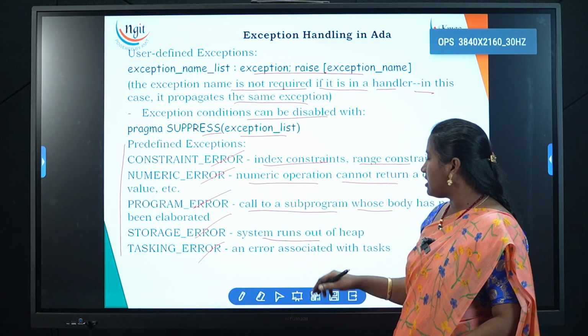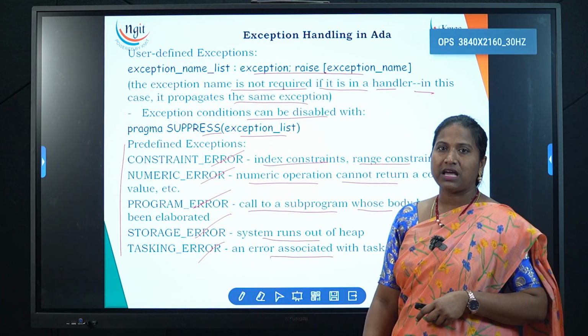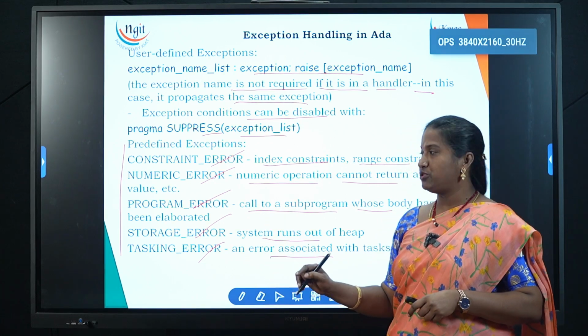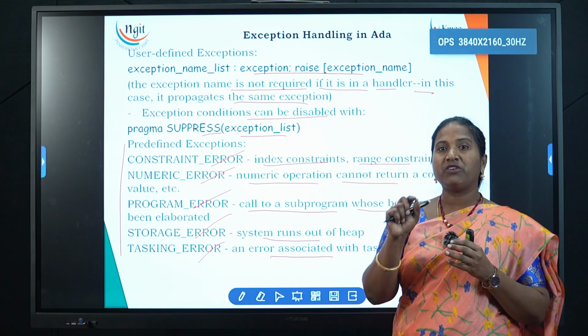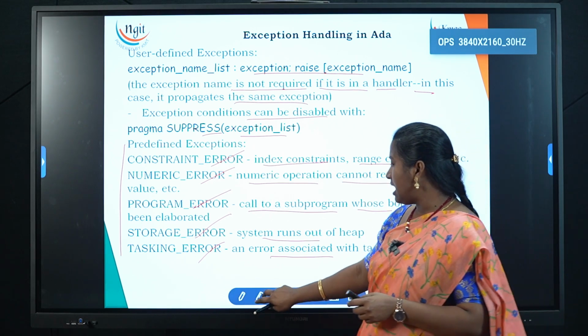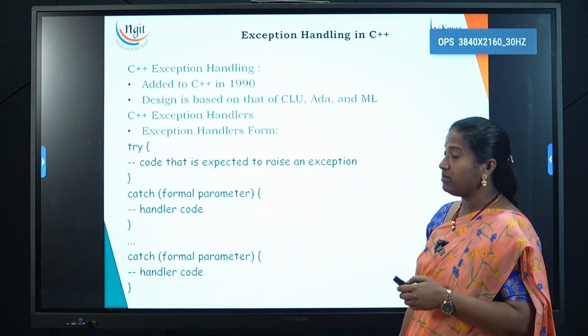Storage error is when the system runs out of heap. Tasking error is an error associated with a task. So these are the predefined exceptions. If a user-defined exception is raised in the program, then we'll specify what kind of exception name it is. So this is the exception handling in ADA.